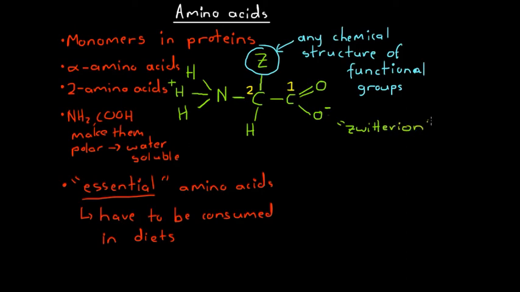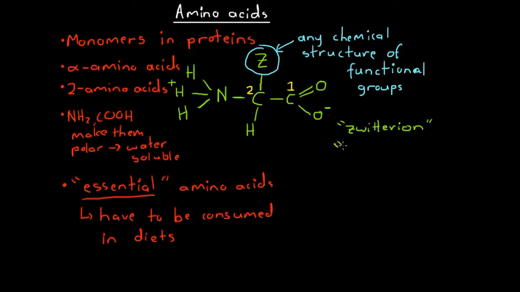So a Zwitter ion refers to an ion that is kind of both a negative and a positive ion at the same time. If we got rid of this hydrogen here, this would be a negative ion. If we put the hydrogen back on this end, then we would have a positive ion. However, both ends of this amino acid molecule have reacted either as an acid or as a base, and thus we have a Zwitter ion.